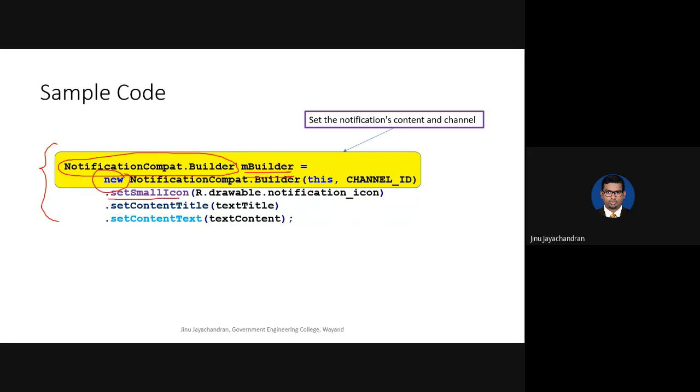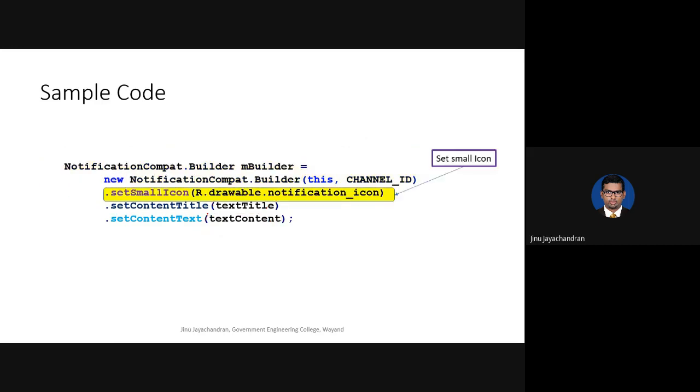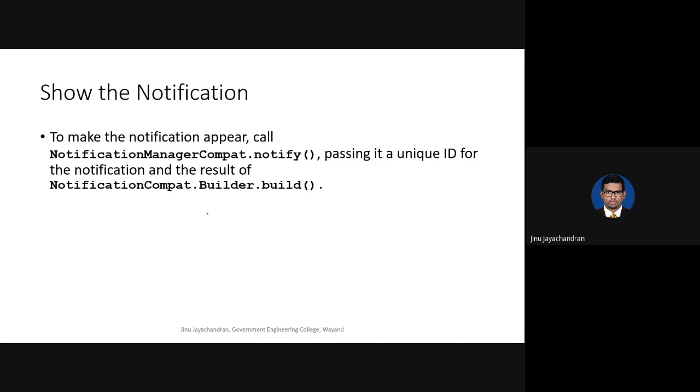With setSmallIcon we initialize the constructor. setContentTitle is the title text, and setContentText is the body text. This is a very simple code with which you are able to create a notification.